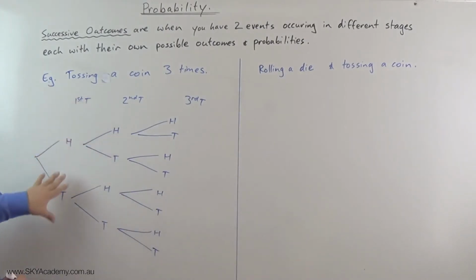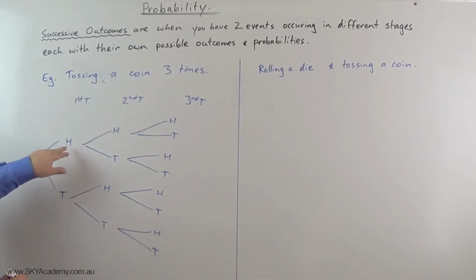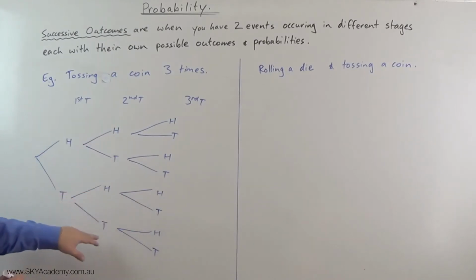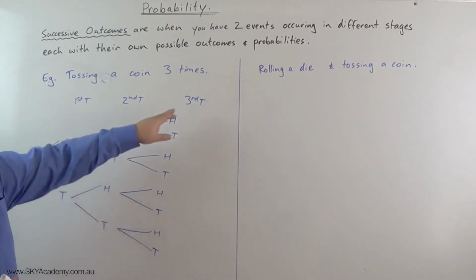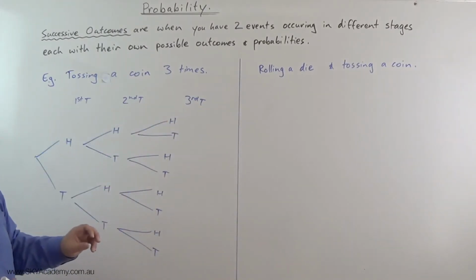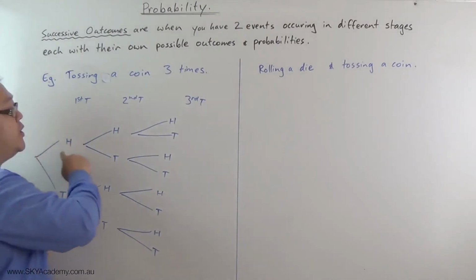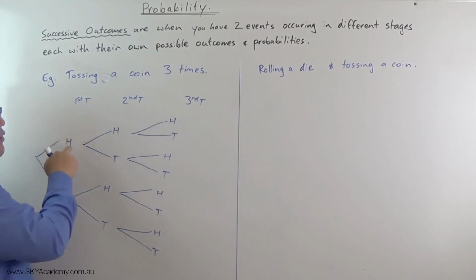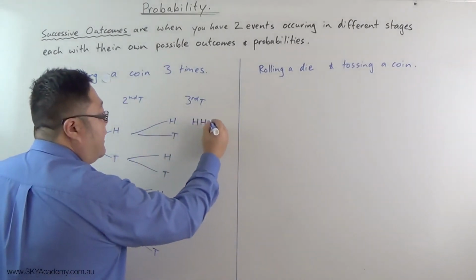This stage will basically be your head or your tail. This stage gets a little bit more complex. You've got a head or a head, a head or a tail, a tail or a head, a tail or a tail, and then you've got the same thing happening with your third toss as well. Now, the first outcome that you can have is not simply a head or a tail, it's going to be head, head, head.